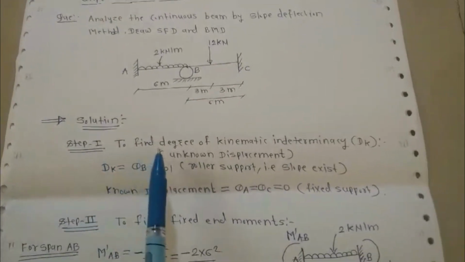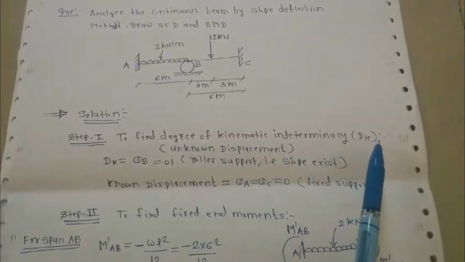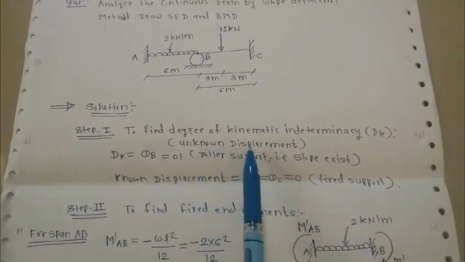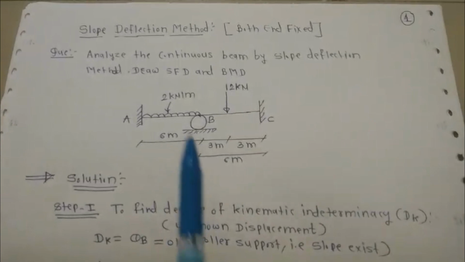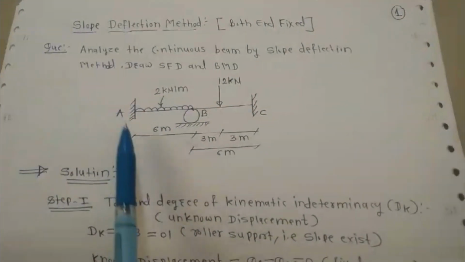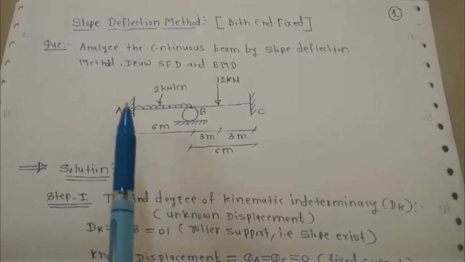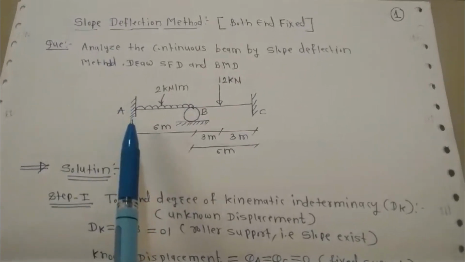Step number 1 is to find the degree of kinematic indeterminacy, Dk. The degree of kinematic indeterminacy is nothing but the unknown displacements. In the given figure, at support A, the vertical displacement as well as the slope is 0 because of the fixed support.